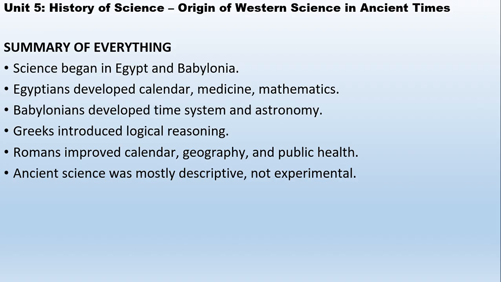So ancient science was mostly descriptive, not experimental. Everything was just based on explanation and observation. There was no experiment at all, because there was no scientific explanation to what they were doing.